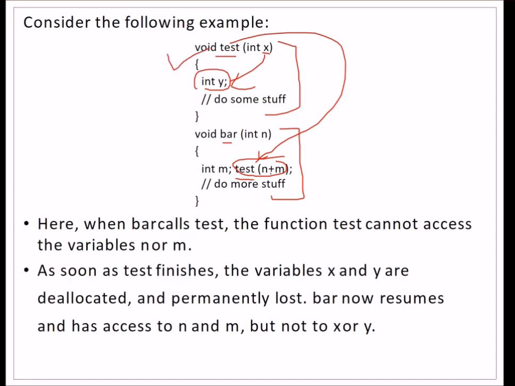The variables n and m are only accessible when inside bar, not outside, and x and y are only accessible inside test. So bar again resumes and has access to n and m, but not x and y. Okay, hope you understood that when something is running, it accesses its own local variables, not n and m. But once it is terminated, bar can access n and m.